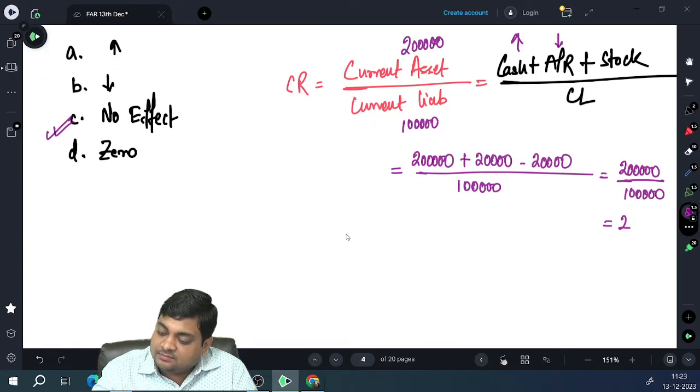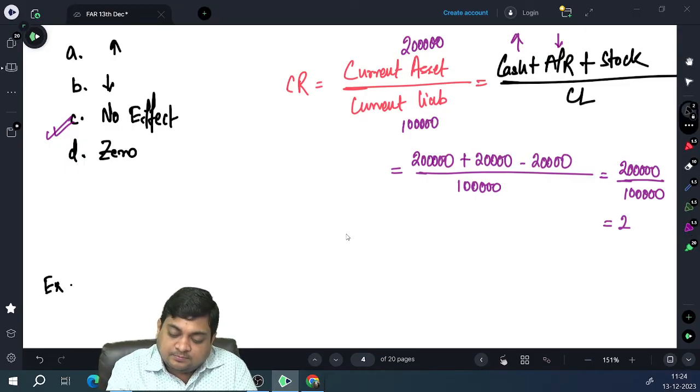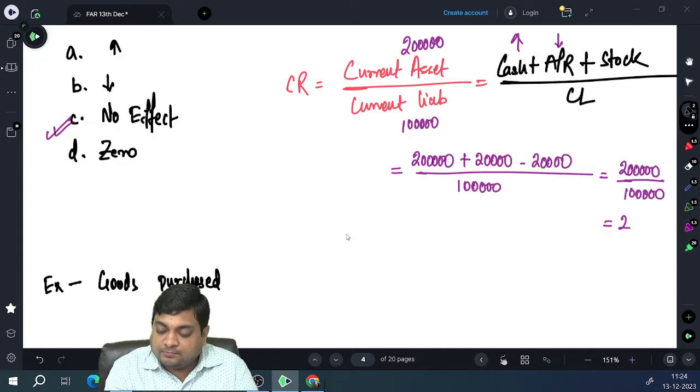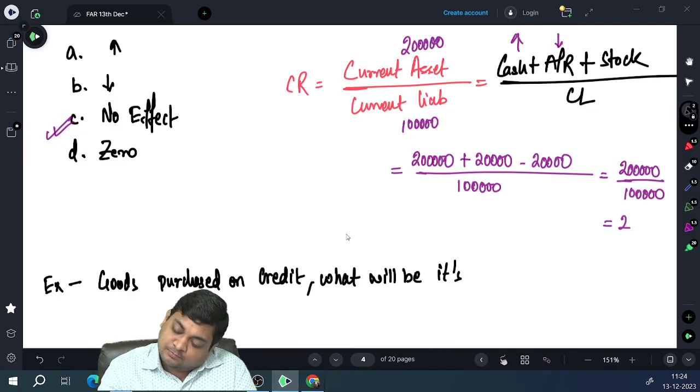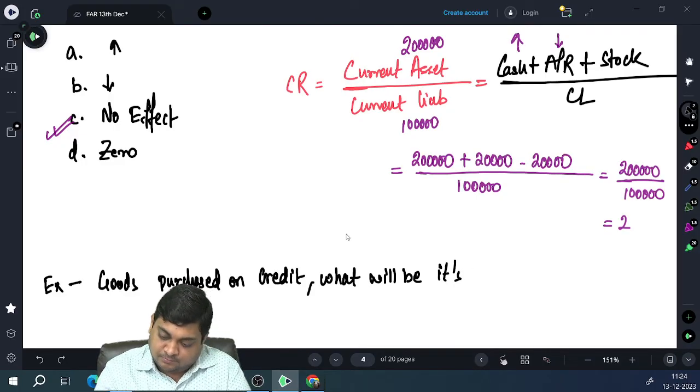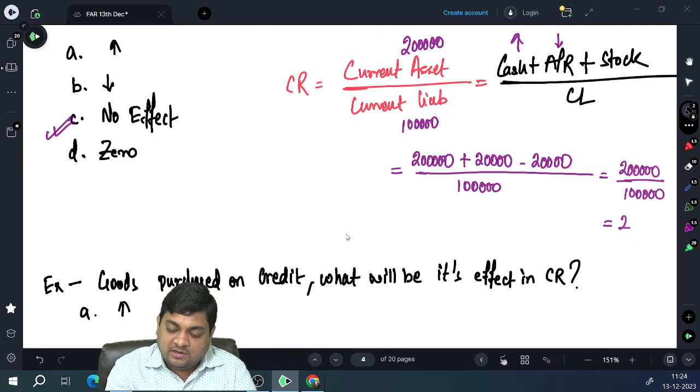Another, let us do a few. Same options: increase, decrease.